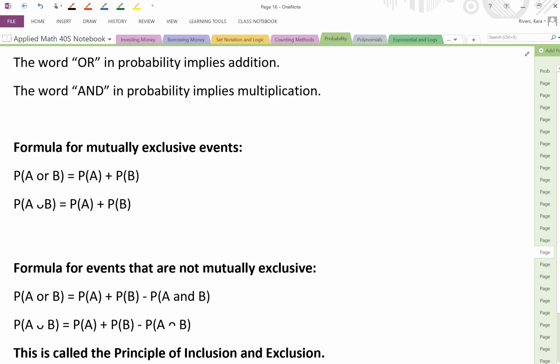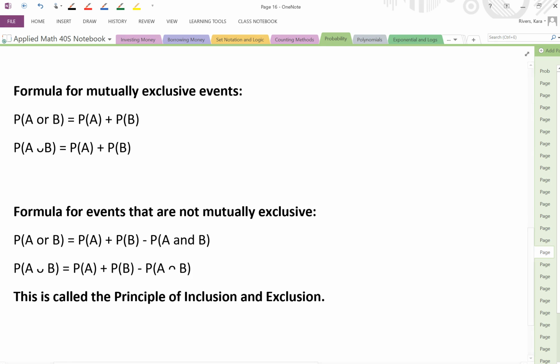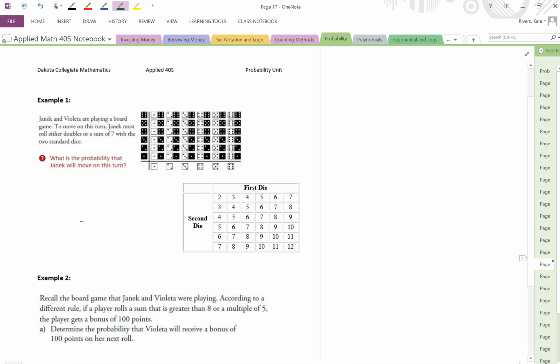So here, the formula for mutually exclusive events, the probability of A or B is the probability of A plus the probability of B. And when the events are not mutually exclusive, which means we have an overlap, we need to get rid of that overlap, the intersection, and that's represented here, because we don't want to double count those. This is called the principle of inclusion-exclusion.